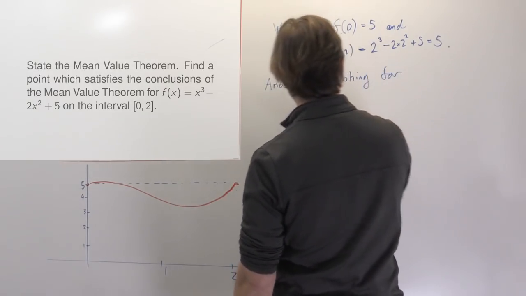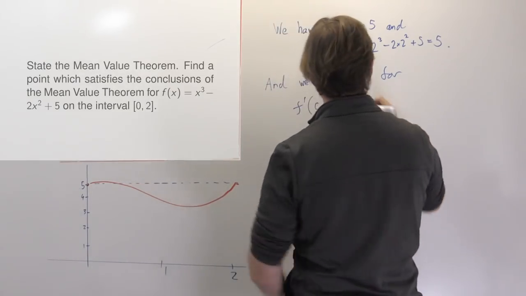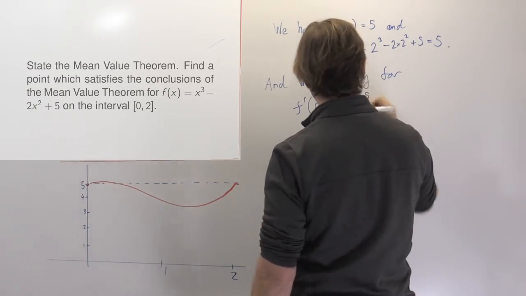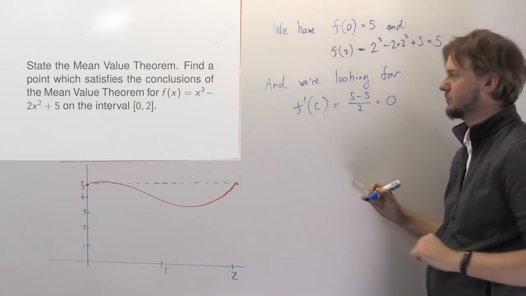What we're looking for is a point where f prime of c is equal to 5 minus 5. Now the interval is actually of length 2, but that's not important because you have a 0 on top, so it's going to be 0 slope.